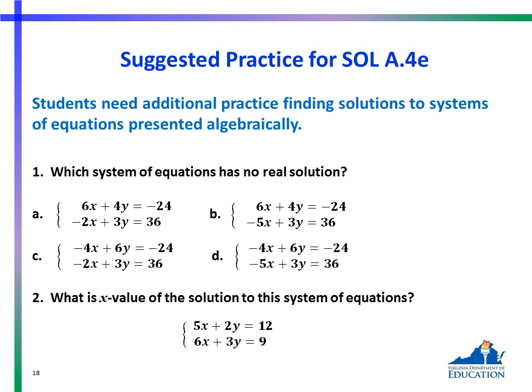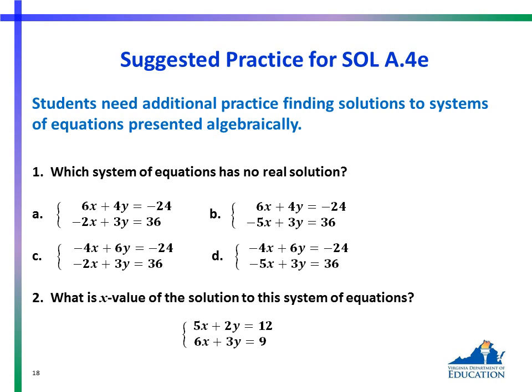For SOL A.4e, students need additional practice finding solutions to systems of equations presented algebraically. Students are better at identifying the solution to a system of equations when the system is presented graphically. However, when the system is presented algebraically, students have more difficulty.